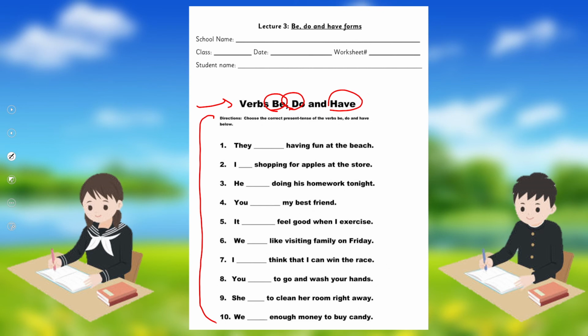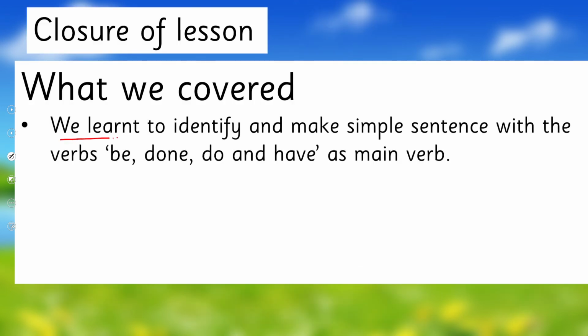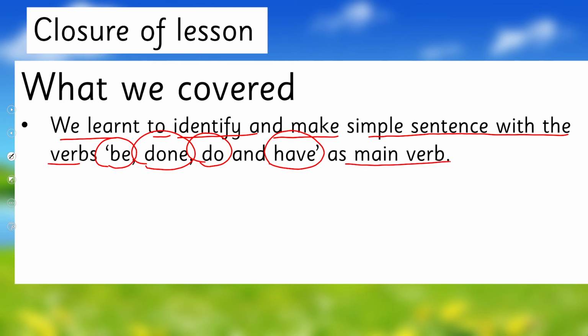So in this way, what we have learned today, we learned to identify and make simple sentences with verbs be, done, do, and have as main verb.